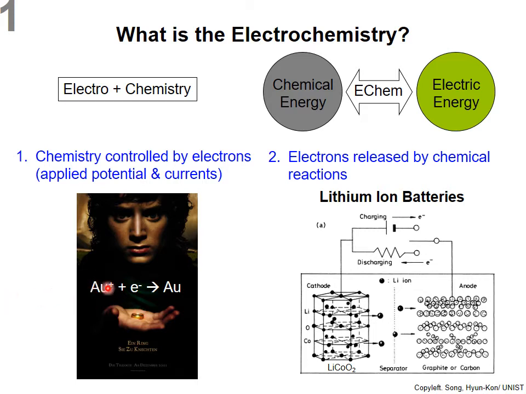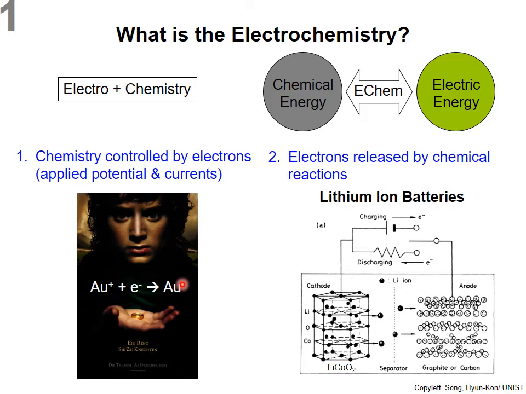Then apply some potential to this iron ring. Then what happens? Gold plus ions in the electrolyte would get the electron, and then finally are converted into gold metal. Then again the gold is plated or electrodeposited on the surface of the ring-shaped iron ring. Then finally we could get the gold ring instead of the iron ring.